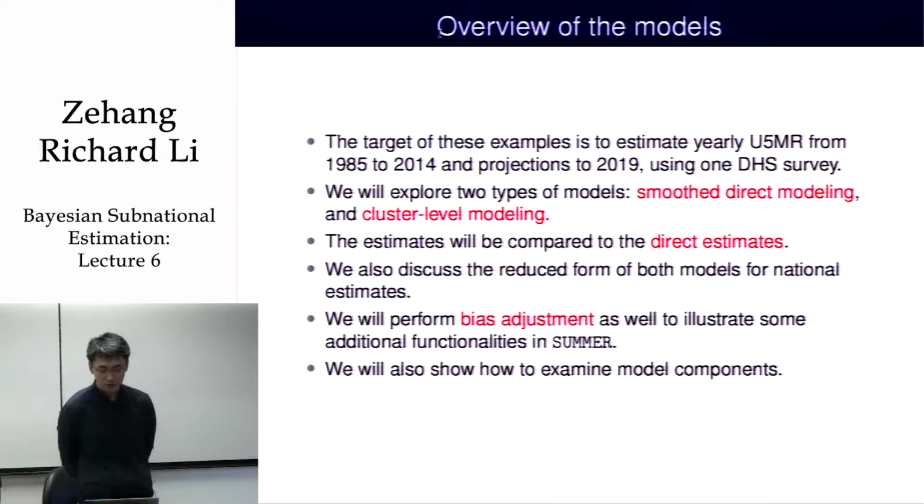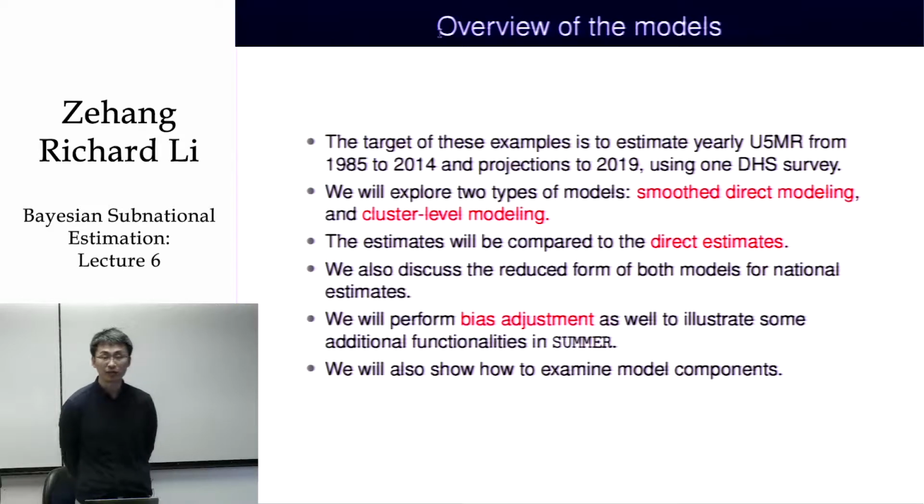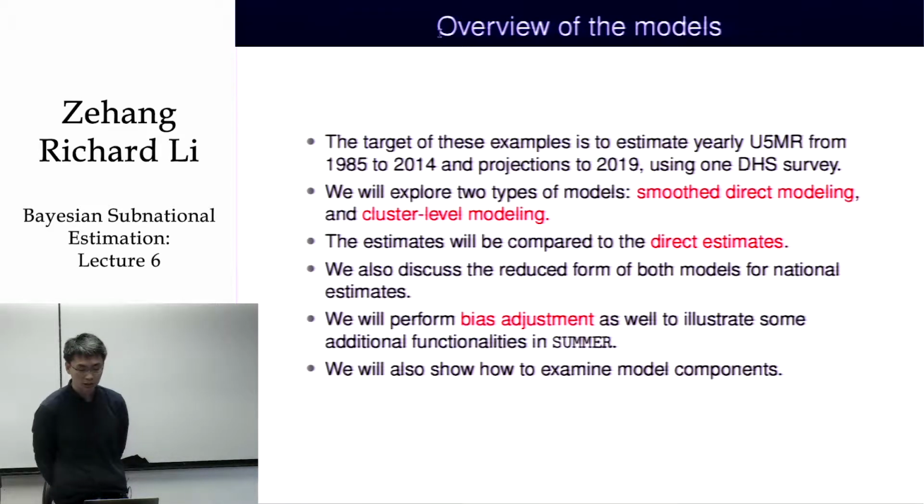In this model, we will fit a binomial model on cluster level data directly, so the estimates will not come directly from the direct estimates. And as we will see, this gives us more advantages when we have sparse data, especially if you're working with finer geographic boundaries as well as smaller time frames.